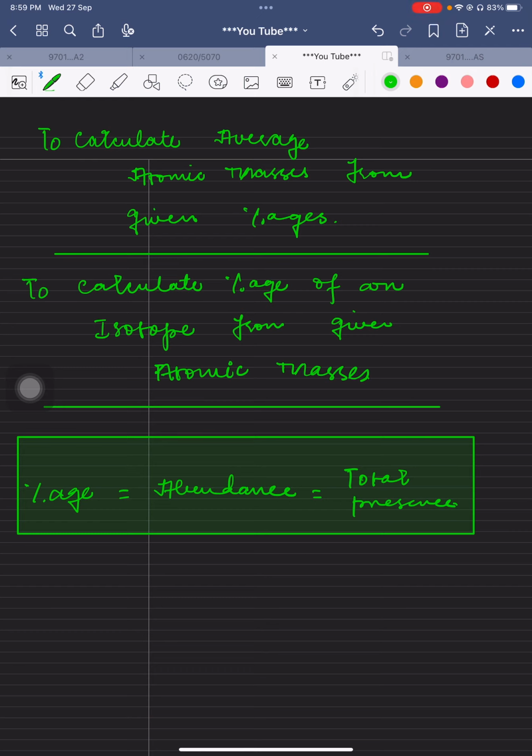Sometimes we have to calculate the atomic mass from the percentages, and sometimes percentages from atomic masses. So it can be one way or the other. I have just taught you how to calculate the average atomic mass from given percentages. Now I am on the next point, the calculation of percentage from given atomic masses. Let me change the board, and here I am on the new page.